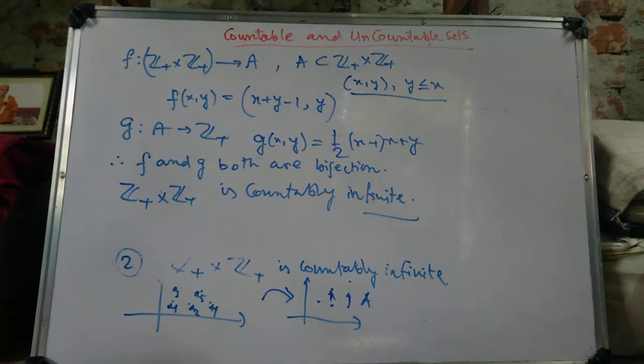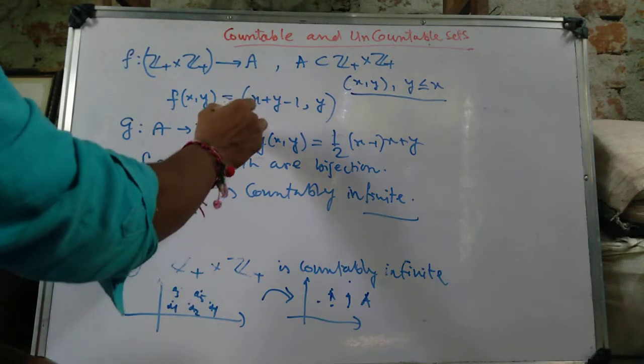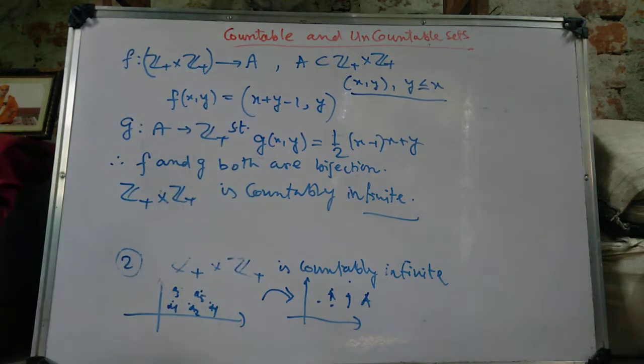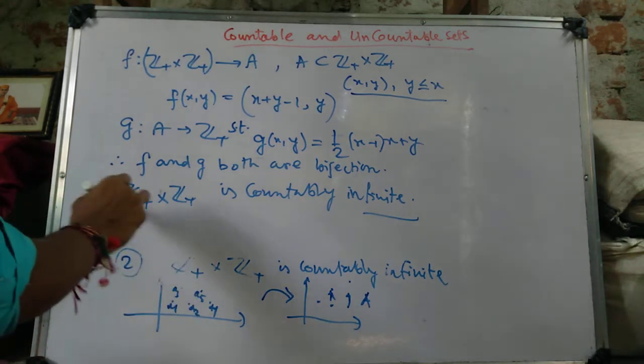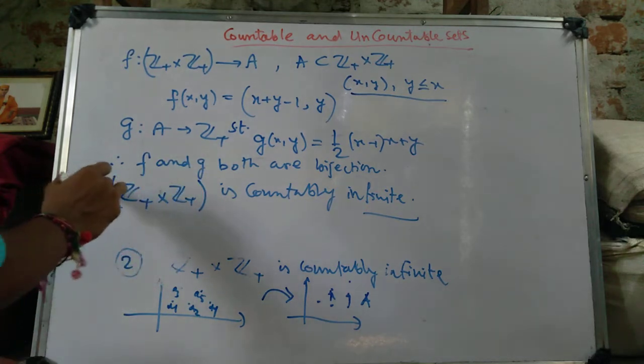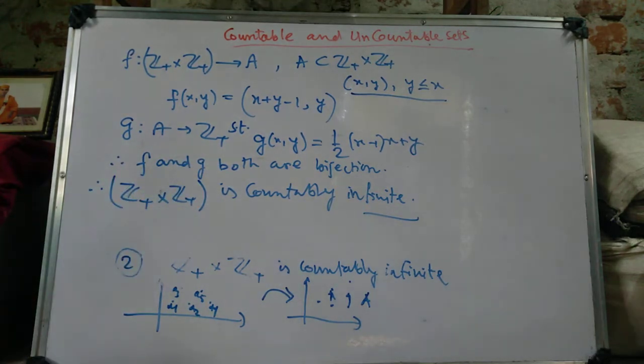Then f(x,y) equals x plus y minus 1, and g from A to Z plus is defined such that g(x,y) equals half of (x minus 1) multiplied by (x plus y). Okay, then f and g both are bijections, and Z plus cross Z plus is countably infinite.